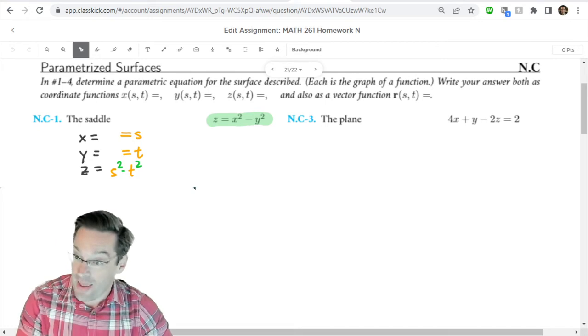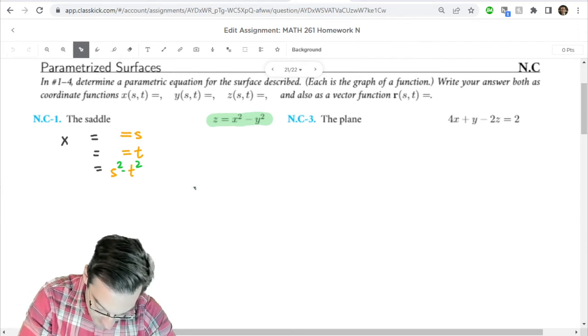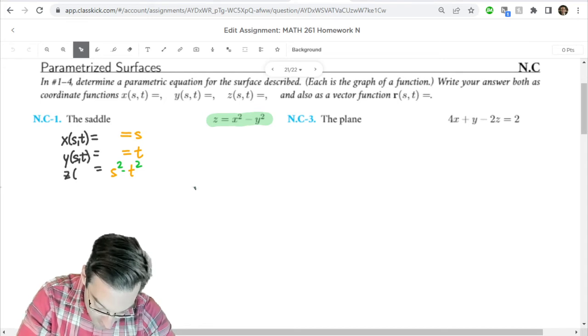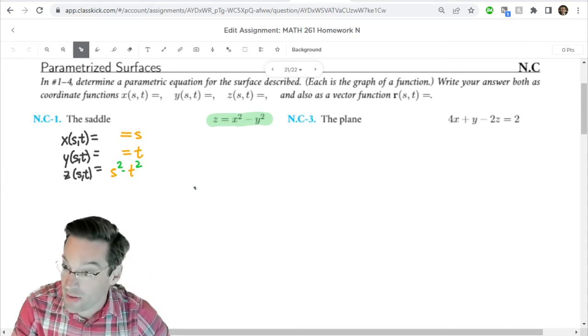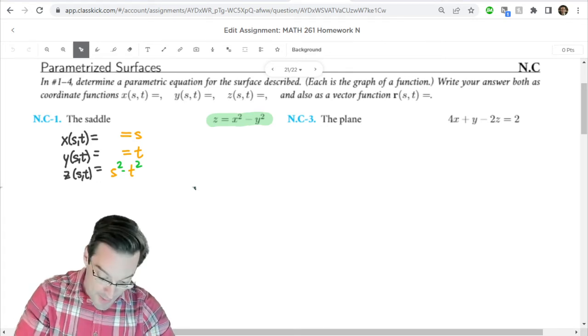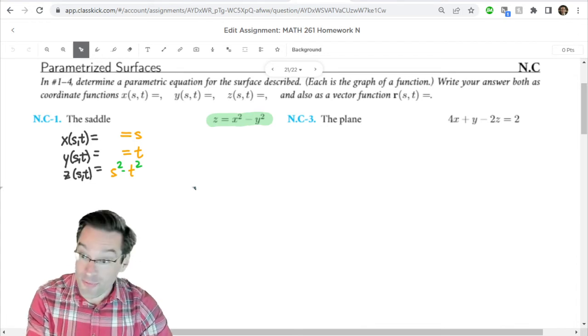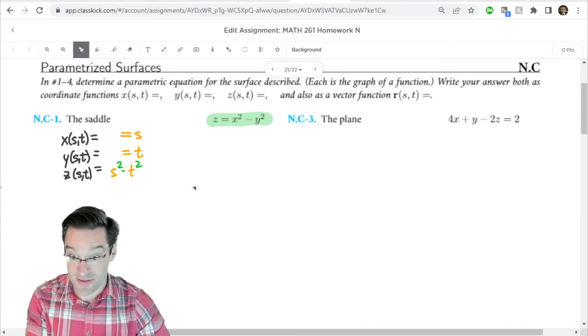And so at the end of this process, what we have is coordinate equations. I can determine the x-coordinate and the y-coordinate and the z-coordinate of any point on this surface using these functions of s and t. Right? You give me an s and a t, I'm going to make the s the x-coordinate, I'm going to make the t the y-coordinate, and then I'm going to figure out the z-coordinate by taking s squared minus t squared.